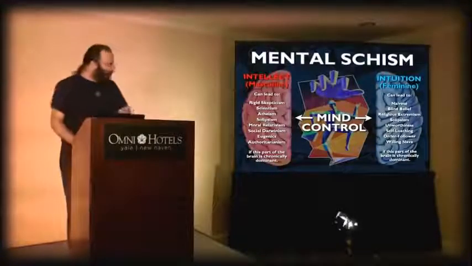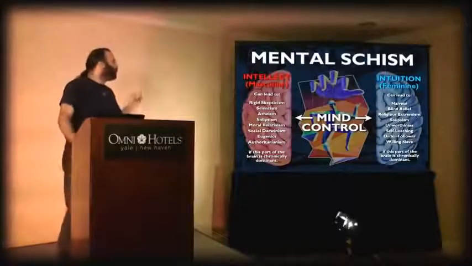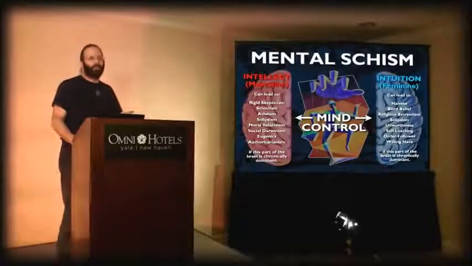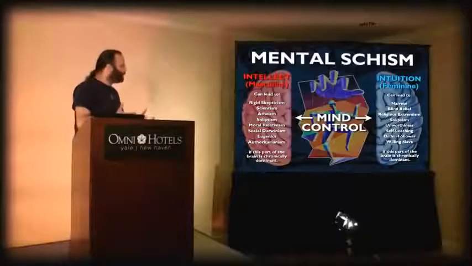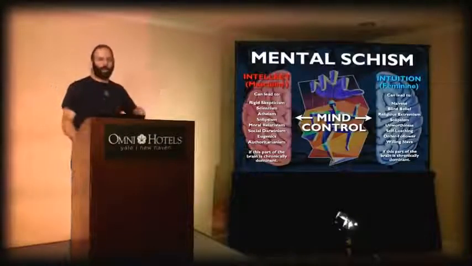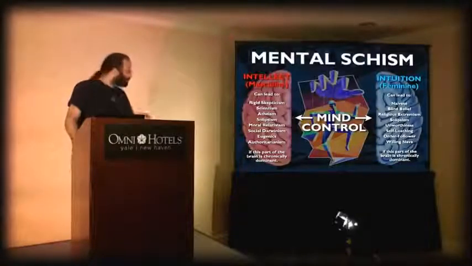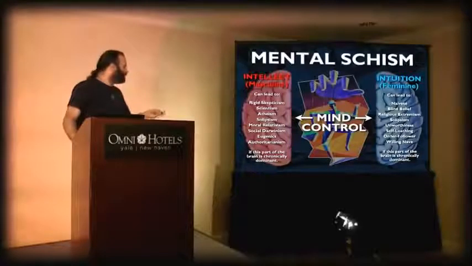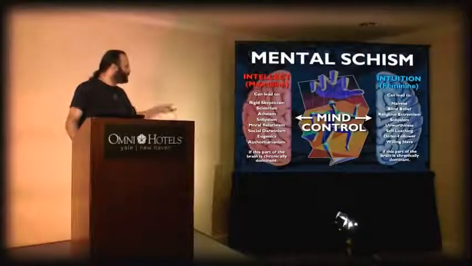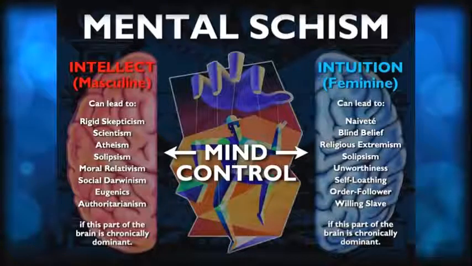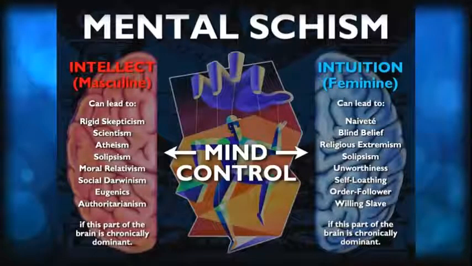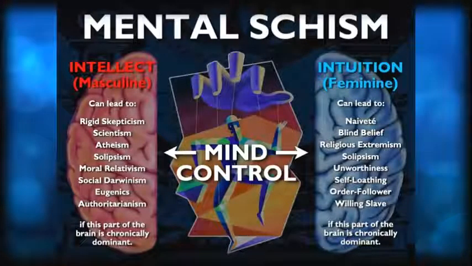And it highlights what kinds of thinking will manifest when certain types of brain imbalance are present. So when we're in this schism, and again, most of humanity is, if we're overly intellectualizing everything and we're too much in the masculine hemisphere of the brain, we're not using the right or intuitive capacities of the brain, the right brain hemisphere.